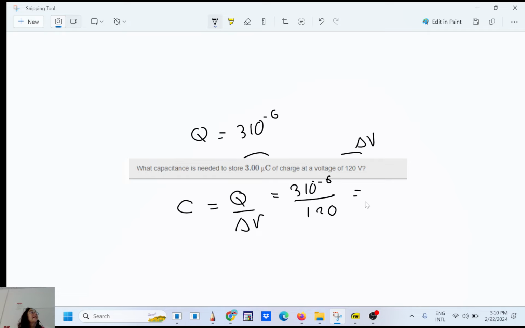Okay? So make sure you do it and you get 2.5 times 10 to the negative 8. Okay, I'm wrong. 2.5 times 10 to the negative 8. So if you divide by 10 to the negative 6 to get micro, what do you get?